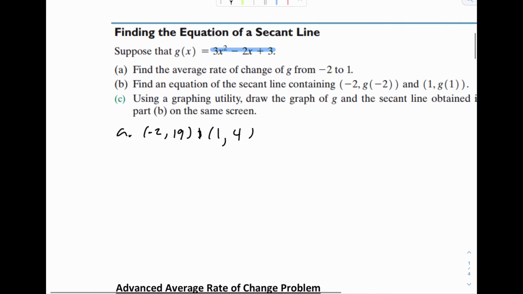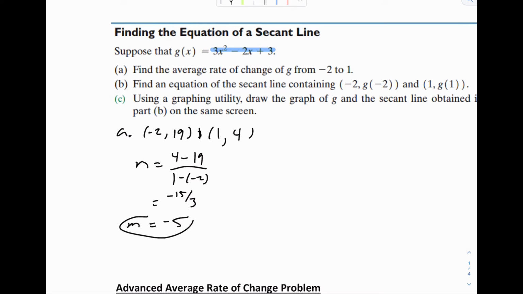So there's our 2 points. Now we're going to write m is equal to 4 minus 19 over 1 minus -2. That is -15 over 3. So we found our slope, -5. Right there. So A is done.